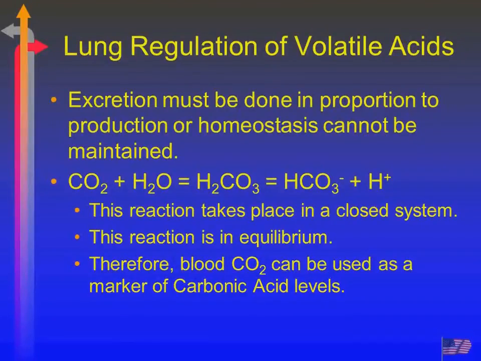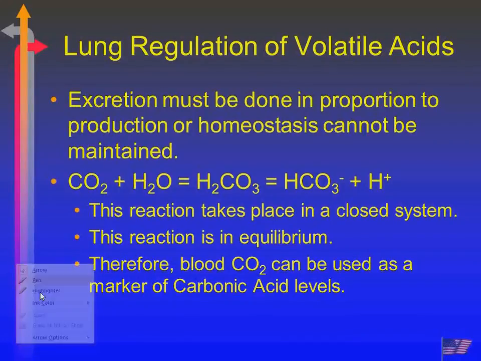There is a relative relationship between bicarbonate and carbonic acid. Any rise in carbonic acid will yield a rise in CO2. It goes hand in hand. We can use the blood CO2 level, the PCO2, as an index of carbonic acid. Carbonic acid is expressed in milliequivalents per liter, so we multiply the PCO2 in millimeters of mercury times 0.03 to convert it to carbonic acid.